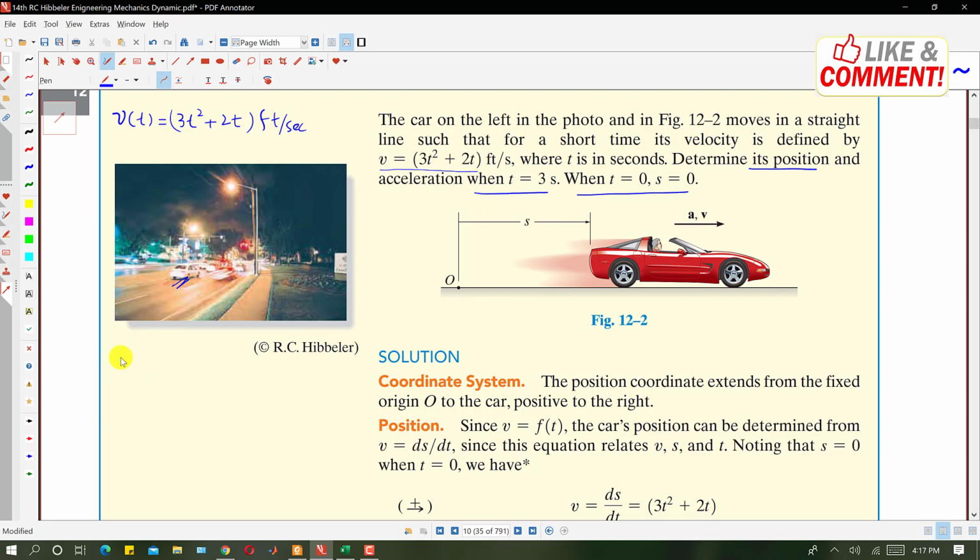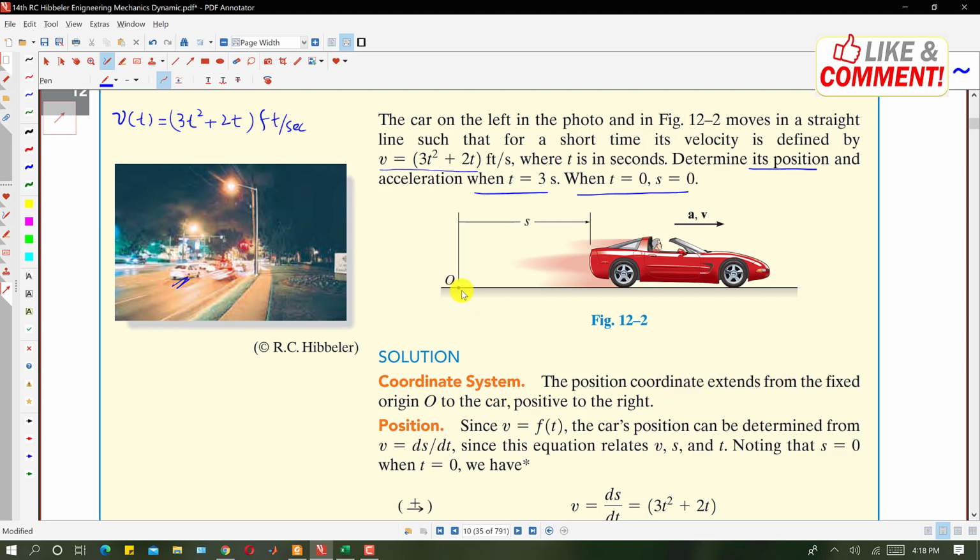So if this diagram was not given, the first step that we need to do while solving these kinds of problems is that we need to draw the position coordinates. It is already drawn. The position coordinate extends from the fixed origin to the car.